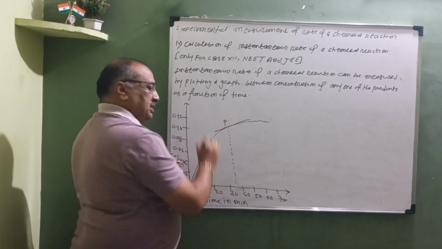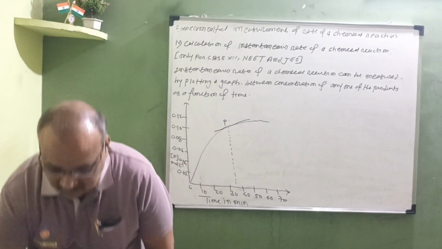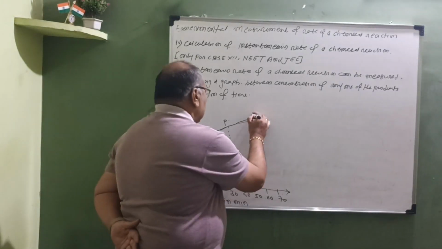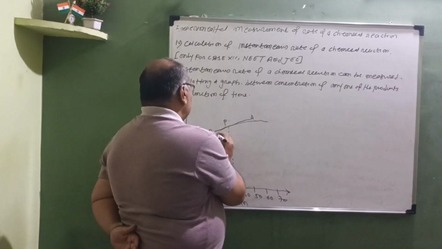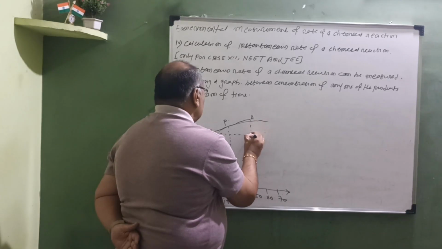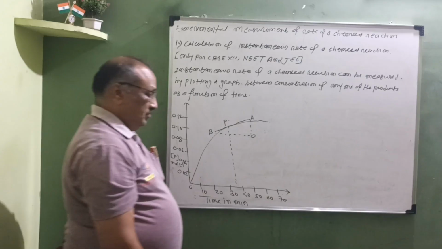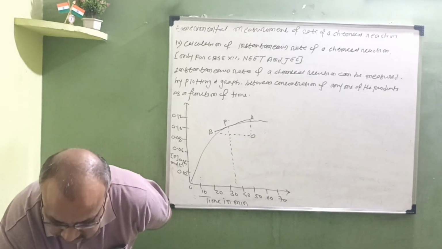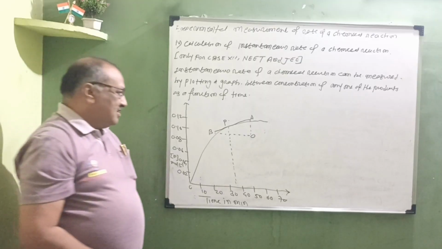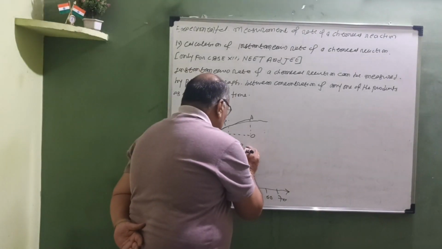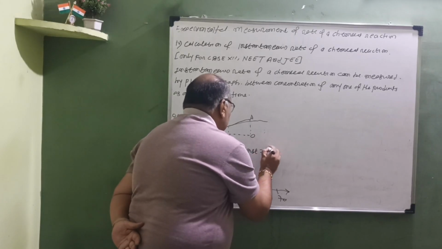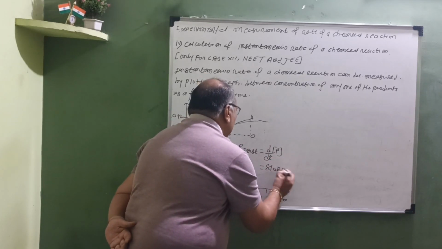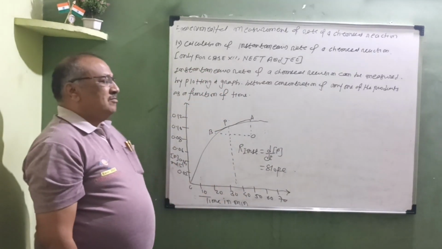Suppose this is point P. Now this is A, this is B, and here let us take O. That means here R instantaneous is equal to d/dt of concentration of P, which is equal to slope. Now slope of this line is positive.